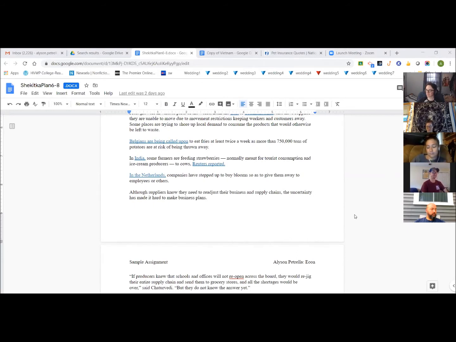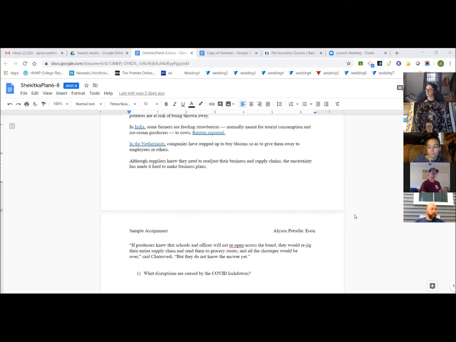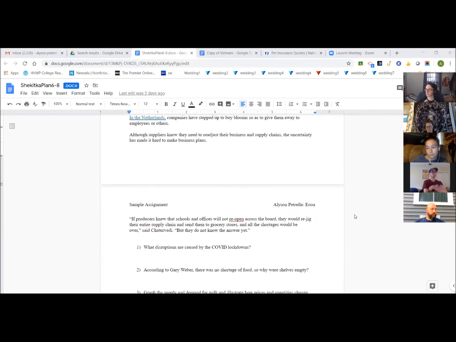In India, some farmers are feeding strawberries normally meant for tourist consumption and ice cream producers to cows, Reuters reported. In the Netherlands, companies have stepped up to buy blooms so as to give them away to employees or others. And although suppliers know they need to readjust their business and supply chains, the uncertainty has made it hard to make business plans. And that's perhaps the biggest impact that you'll see moving forward, is that businesses normally have a projection for how much they're going to sell.